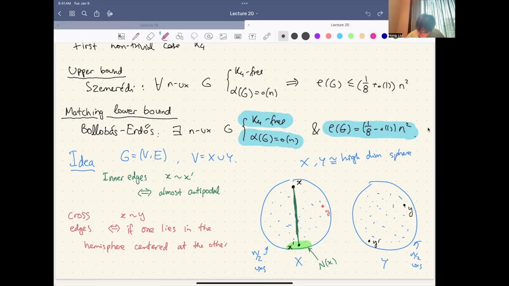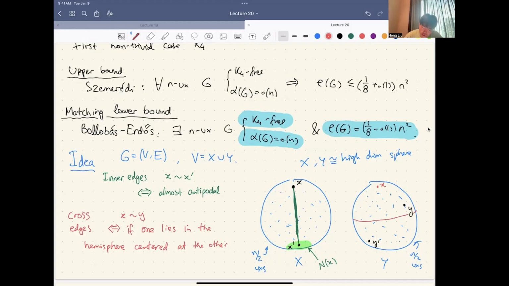Maybe let me draw it this way. I would draw a copy of x here. Imagine x and y live in the same place. Let me draw x here. Now I draw the hemisphere around x.